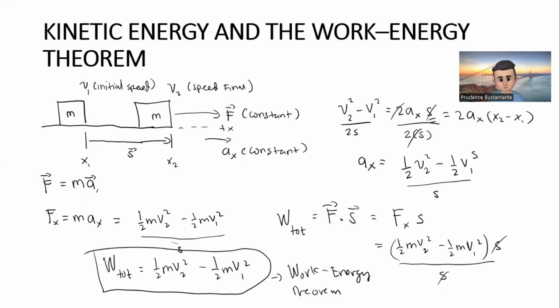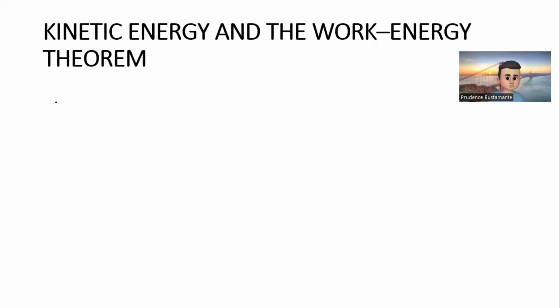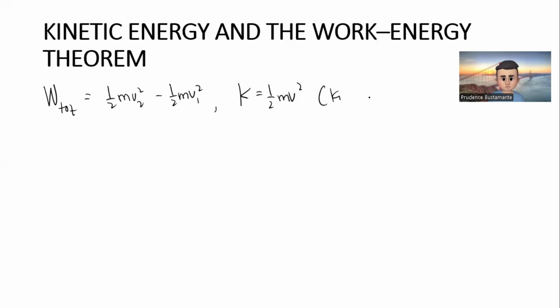So why is that? Let's review this one. The work total is equal to 1 half m v2, the final speed squared, minus 1 half m v1 squared, where we use K equal to 1 half mv squared. We call that the kinetic energy. We define it as kinetic energy.